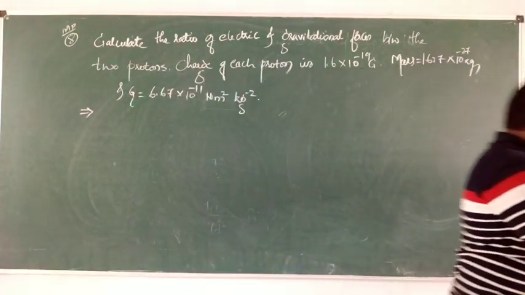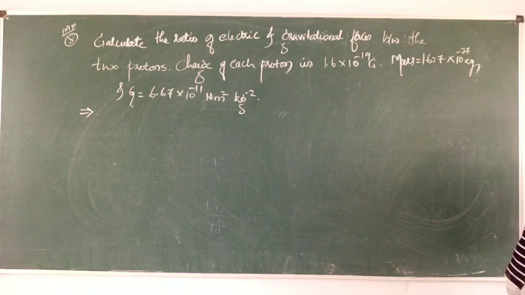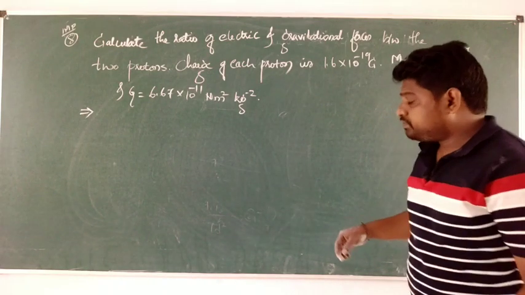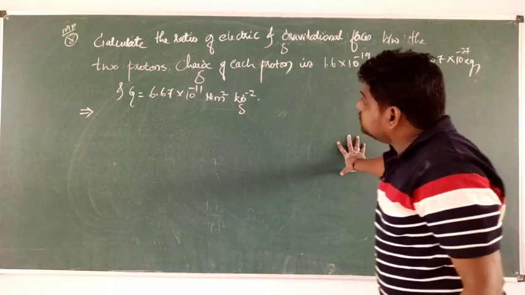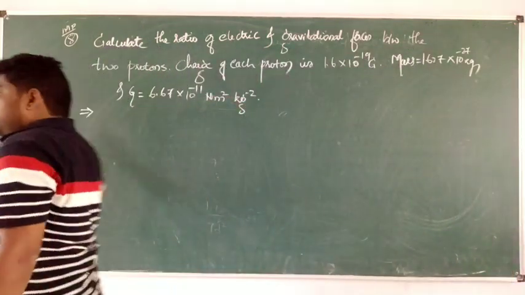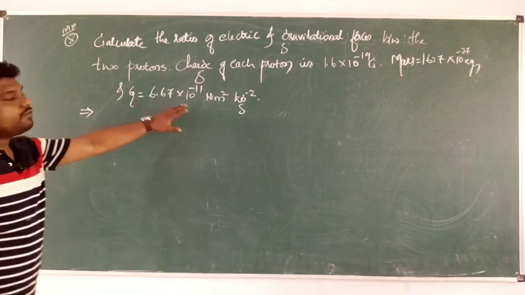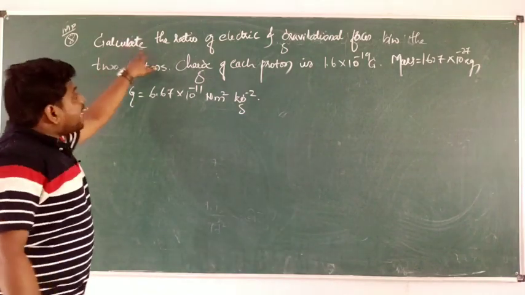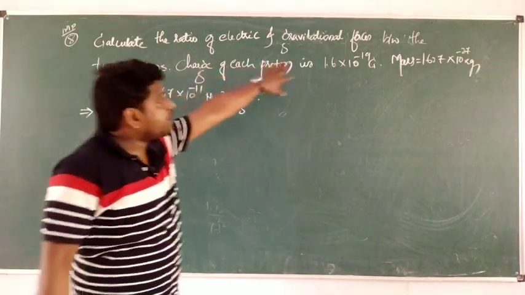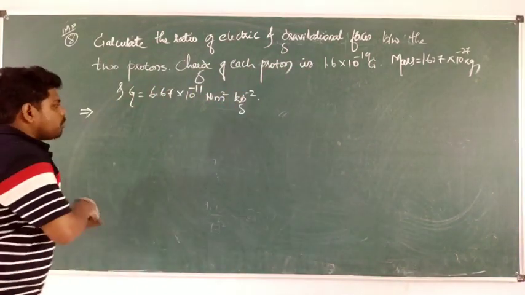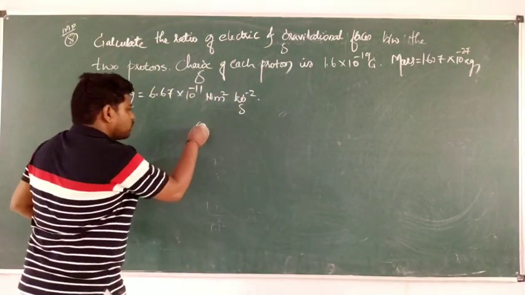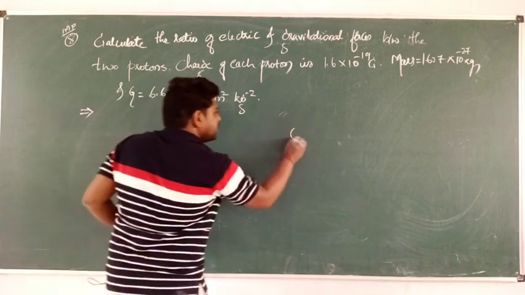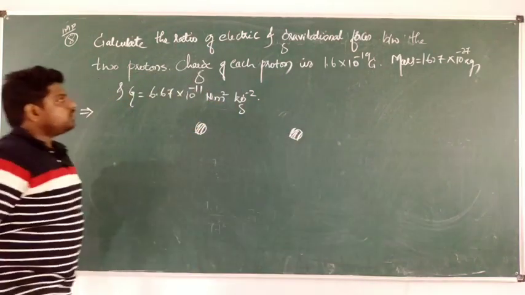This is the beauty of the question. So look at the question. It is pretty much clear that we calculate the ratio of electric and gravitational forces between two protons. Say there is a proton, this is proton 1, and there is one more proton, this is proton 2.